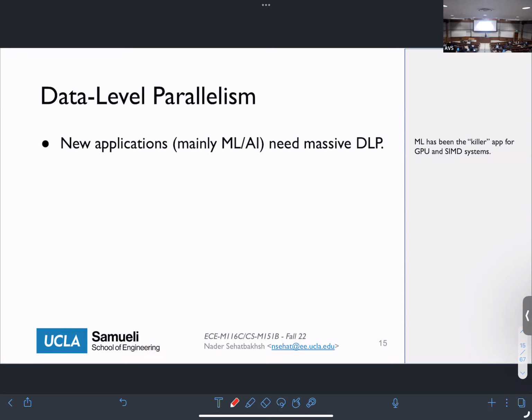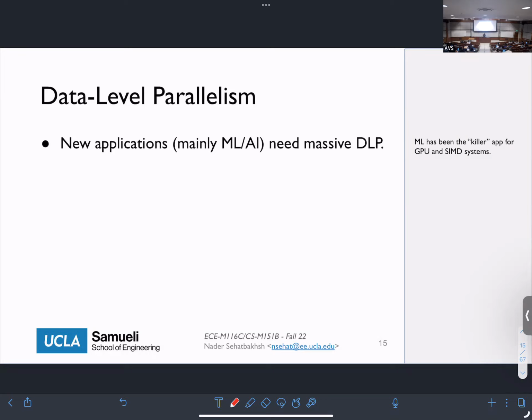The main reason that GPUs have become so popular these days is AI and machine learning applications. Machine learning has become the killer app for these GPU systems, because it is really useful for lots of new problems that we haven't been able to solve before, things like computer vision, classification, natural language processing, and voice recognition.